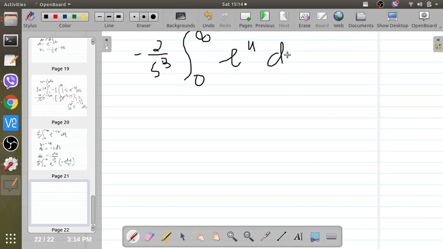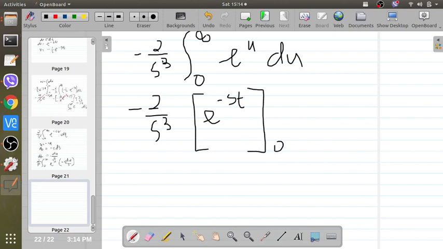The integral of e^u du is e^u, where u is negative st, evaluated from 0 to infinity.